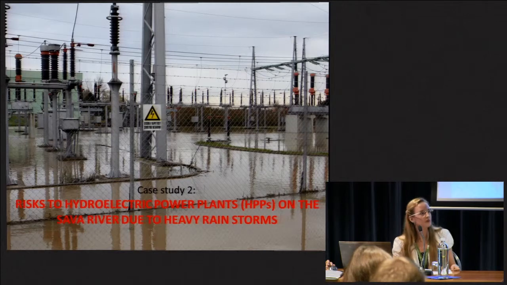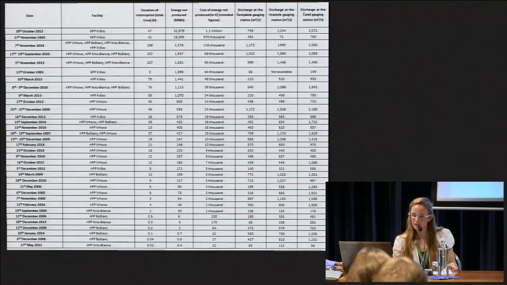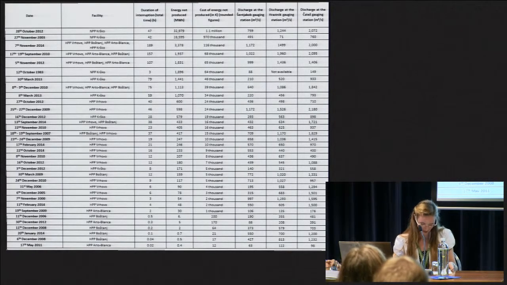This can lead to interruptions of operation of hydroelectric power plants, and we gathered data about these interruptions on the Sava River. Based on the duration of these interruptions, we calculated how much energy was not produced and then how much this would cost. And then these costs were categorized.